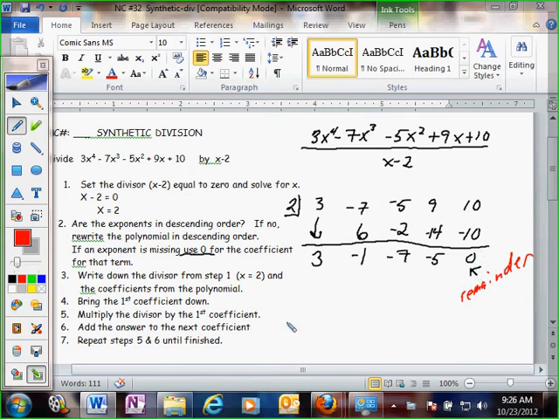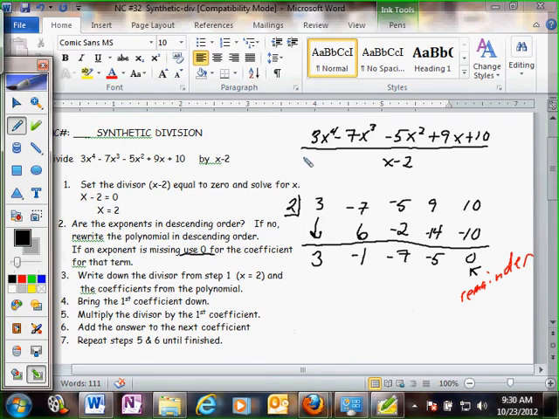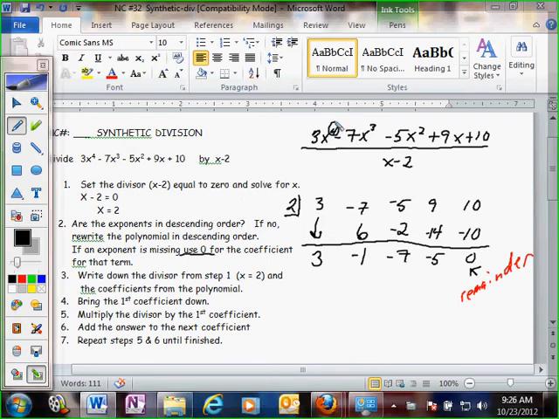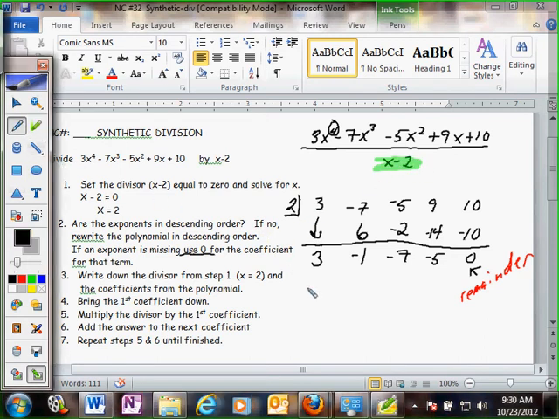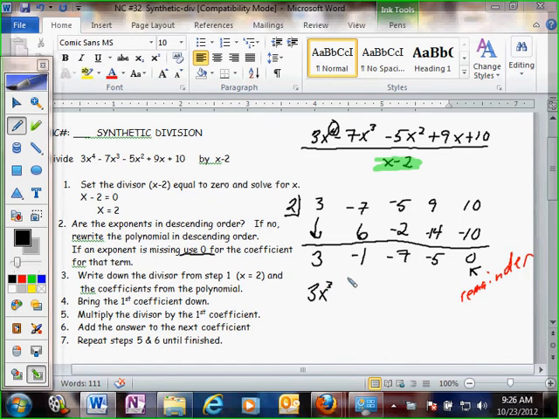Now, how do I actually write my answer? If we go back to the beginning, the highest power in the polynomial I was dividing was 4, but I divided out an x term. Since I divided out an x term, when I write my answer, the highest power is now x to the third. So it is 3x to the third minus 1x squared minus 7x minus 5, and I'm done.